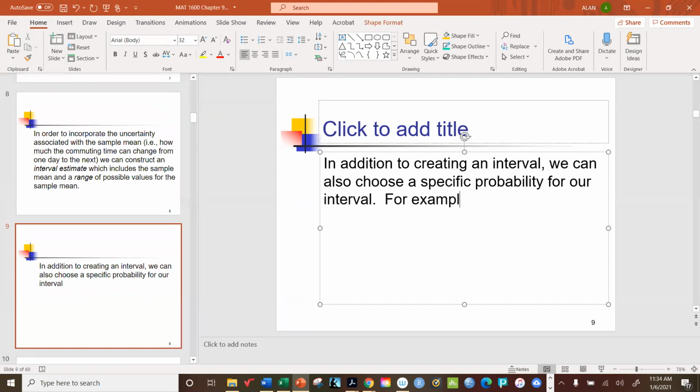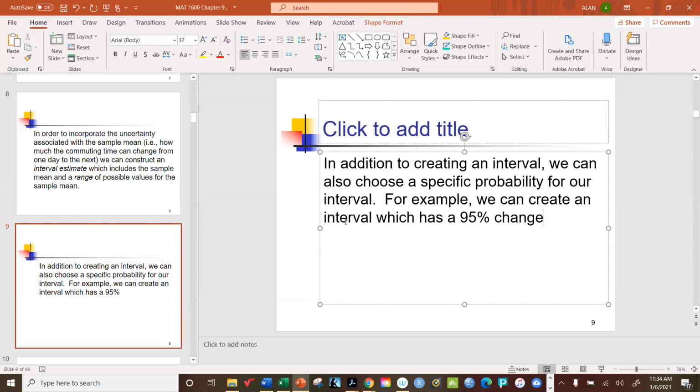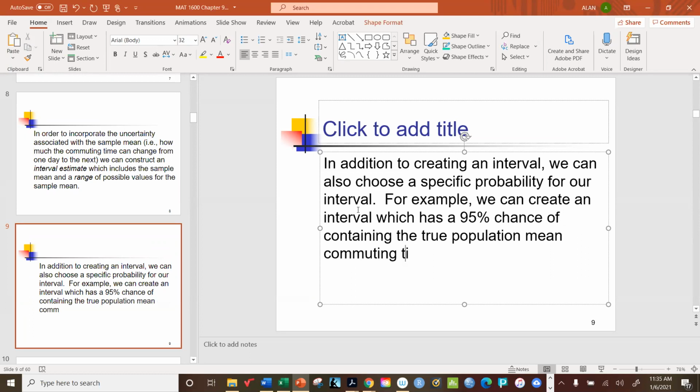For example, we can create an interval which has a 95% chance of containing the true population mean commuting time. In other words, we're going to attach a probability to our interval estimate.